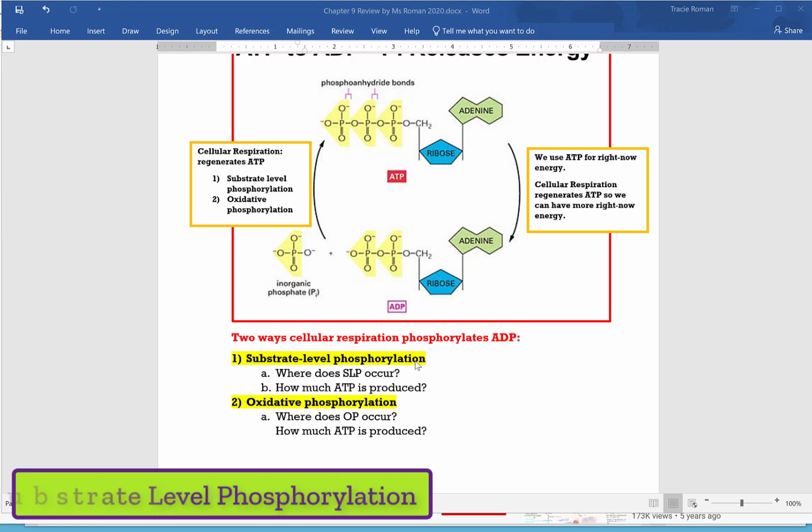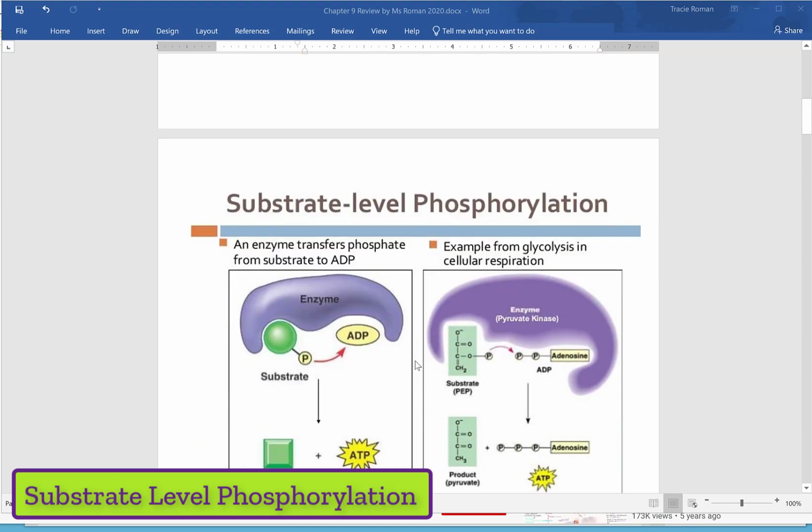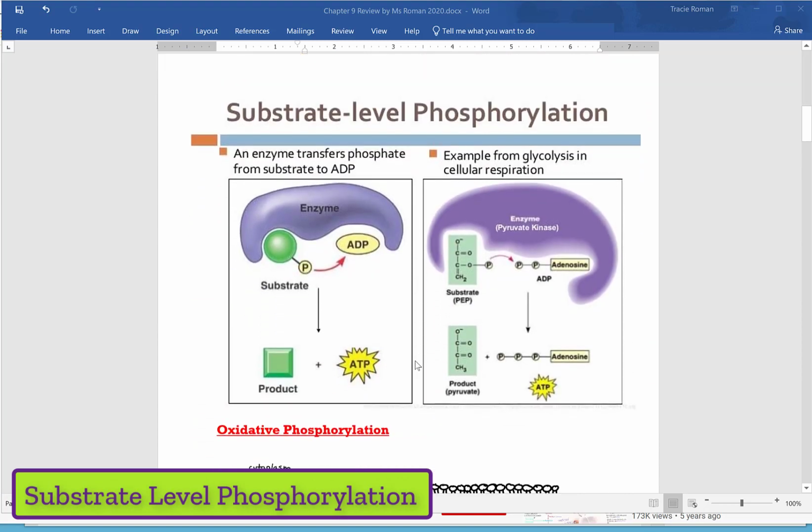And substrate level phosphorylation occurs in glycolysis and the citric acid cycle. And substrate level phosphorylation is going to produce a very small amount of ATP in comparison to oxidative phosphorylation.